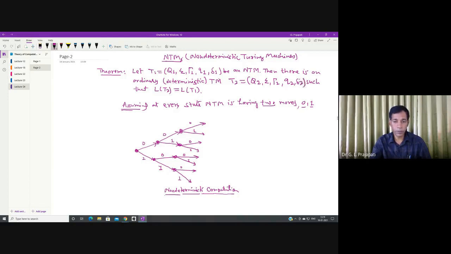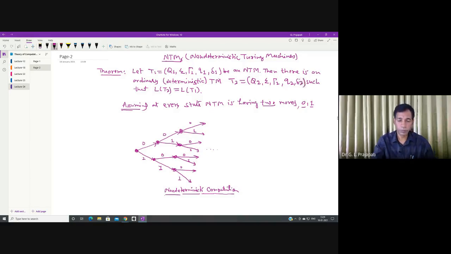And so actually the tree can grow infinite also, and the leaves of this tree correspond to the halting conditions of the Turing machine. The Turing machine can halt, or it may crash. So these are the leaves. Leaf nodes correspond to the halting situations.